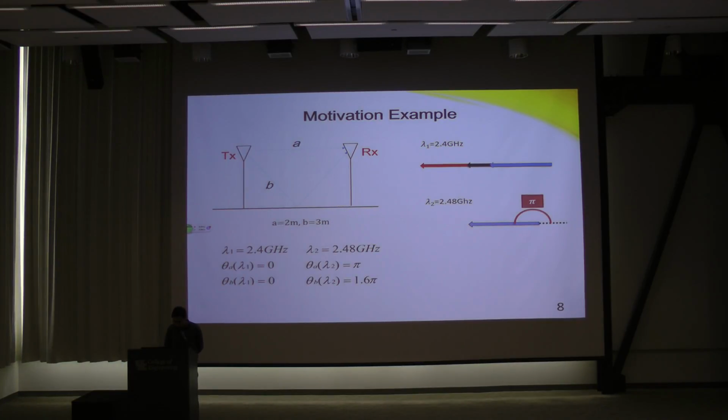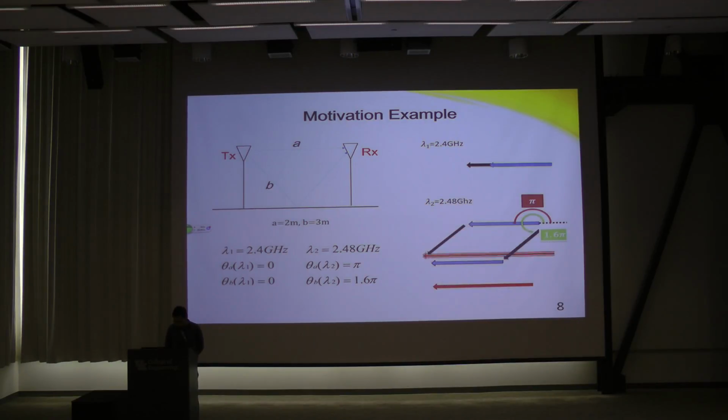On the second channel, the path A's phase is pi, and the path B's phase is 1.6 pi, and the signals combine each other like this. It is the other style, and it's very easy to say the two RSS are different.